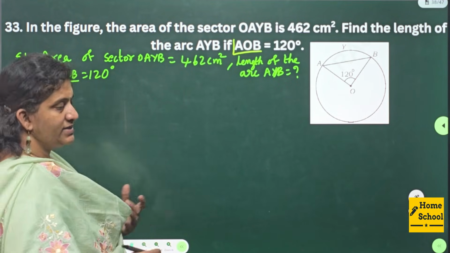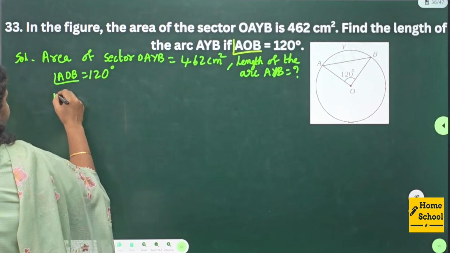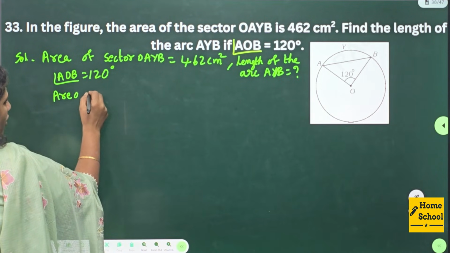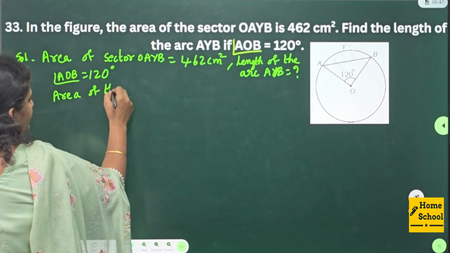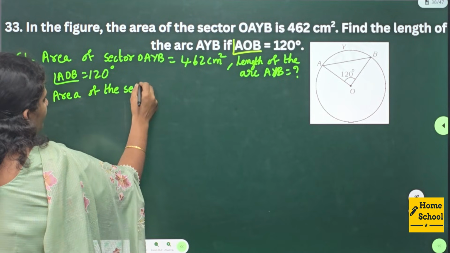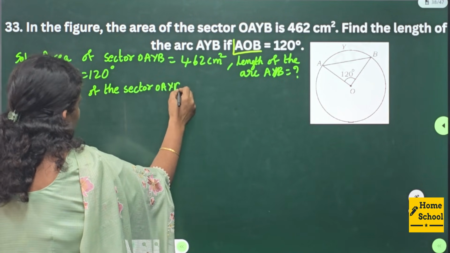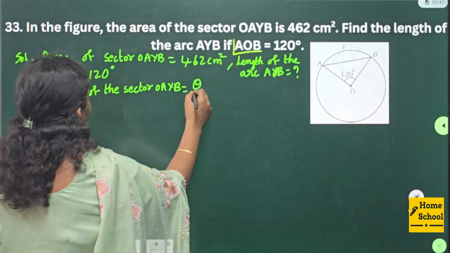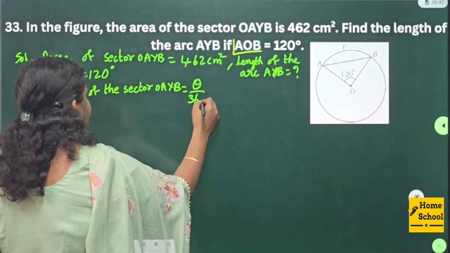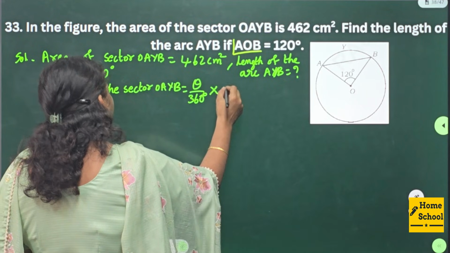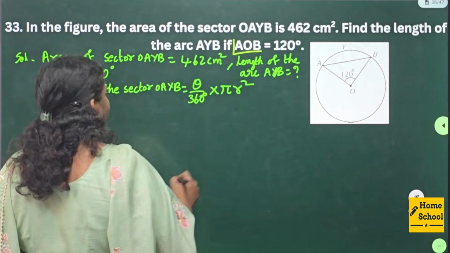We know area of the sector formula, that is area of the sector. Area of the sector OAYB is equal to, formula I'll write here, theta by 360 degree into pi r square.